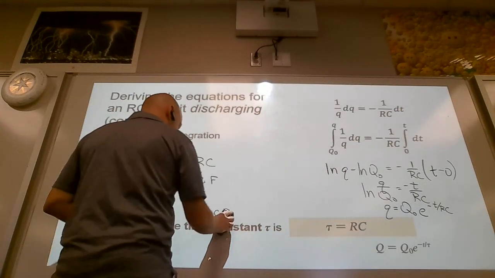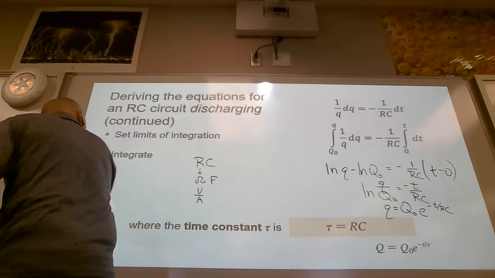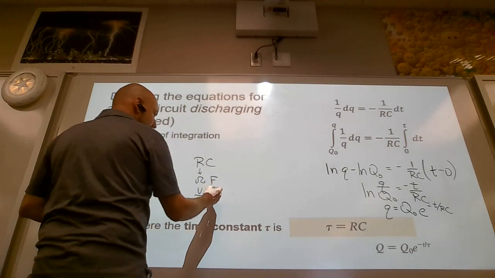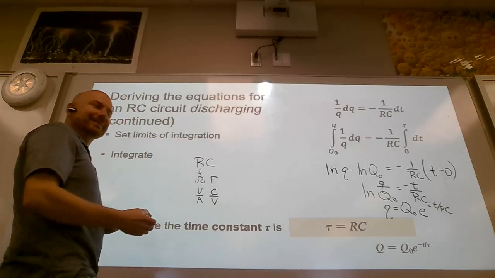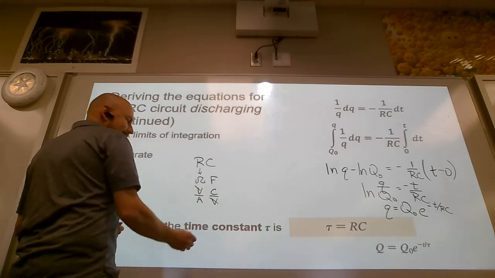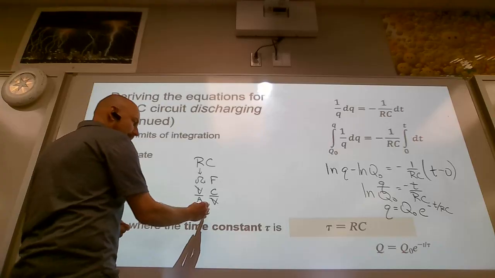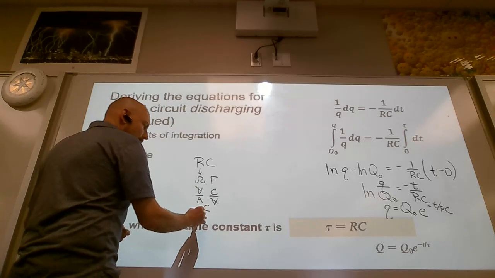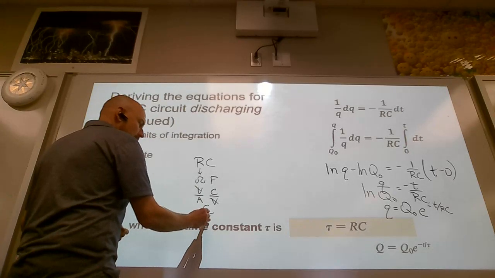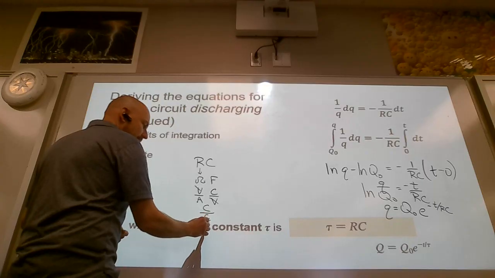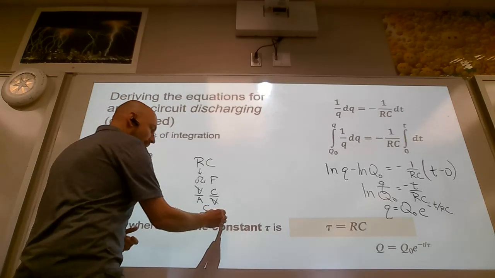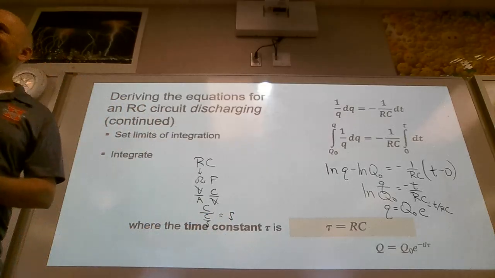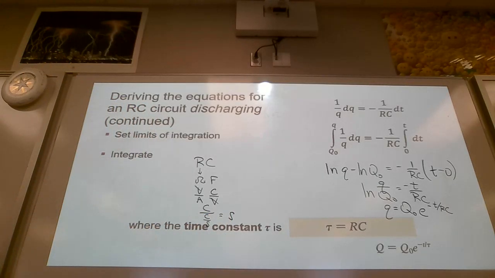Sorry, backing it up. A farad is a coulomb per volt. You guys should have caught me on that one. Okay, that kills that. So you have a coulomb over amps, which is a coulomb per second... it's in seconds.